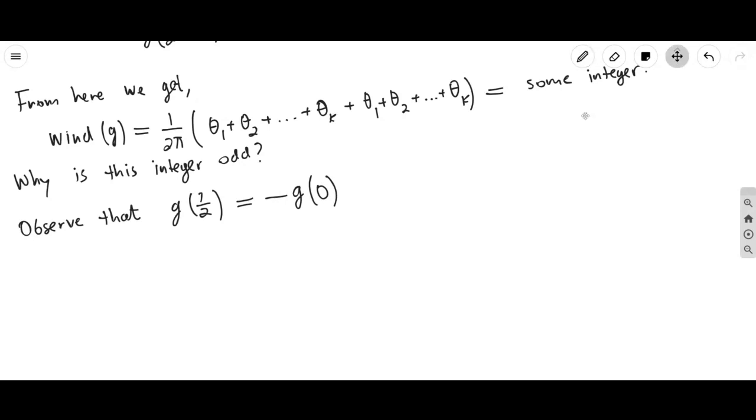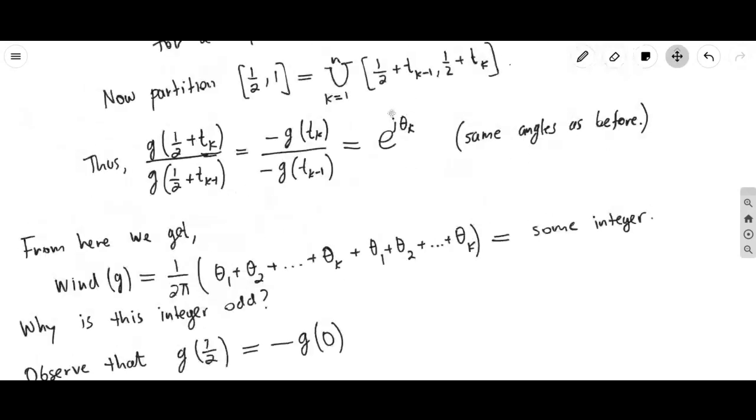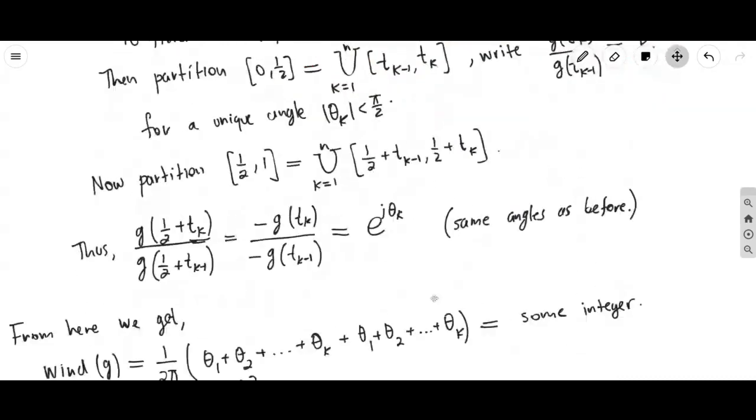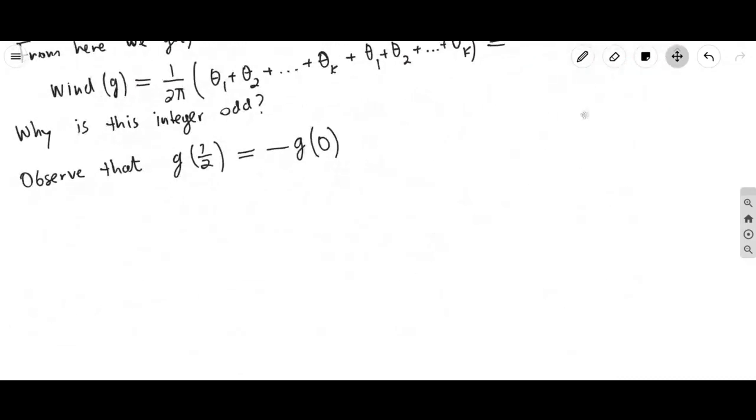This is the anti-symmetry. Let me scroll back up again so we get to see that. It's exactly this. If you take a number from 0 to 1/2, so here's what you do. Set t equal to 0, and then g of a half is negative g of 0. So that's just anti-symmetry.